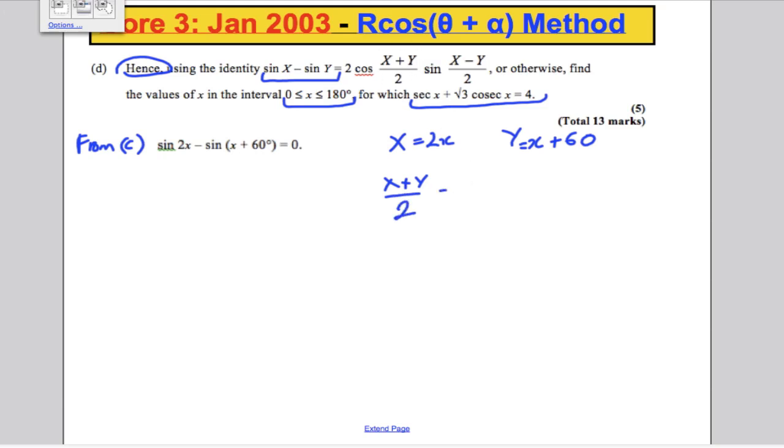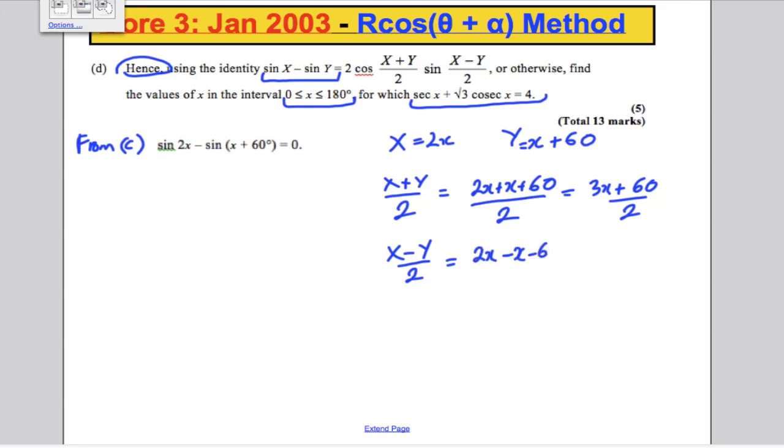X plus y over 2 would be 2x plus x plus 60 over 2, which would be 3x plus 60 over 2. And x subtract y over 2 would be 2x subtract x subtract 60 over 2, which would be equal to x subtract 60 over 2.